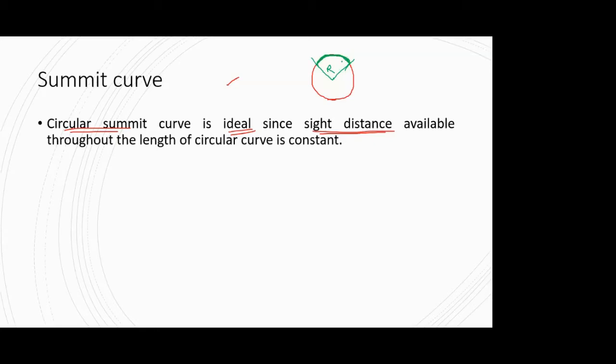So on this constant radius, whatever distance is available, whether it's safe or not we don't know, but there is some distance. That's why it is written sight distance, not safe sight distance or stopping sight distance. So there is some sight distance available and it is a constant one. Suppose at this point I can see up to 50 meters in front of me.